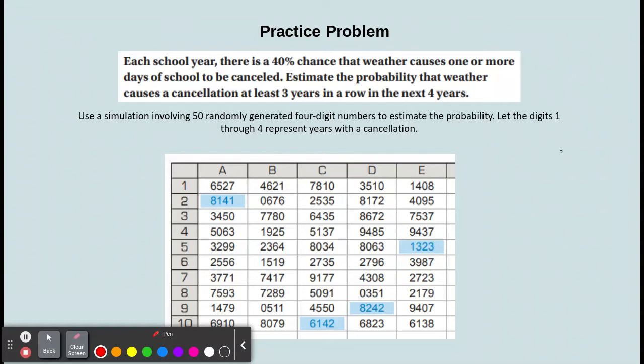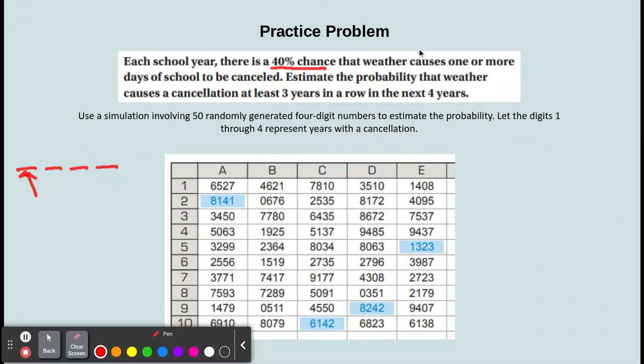Okay, so we need to have 4-digit numbers, right? 1, 2, 3, 4. So if we have 4-digit numbers, each digit represents the year. So in order for school to be canceled in the first year, remember it's a 40% chance.